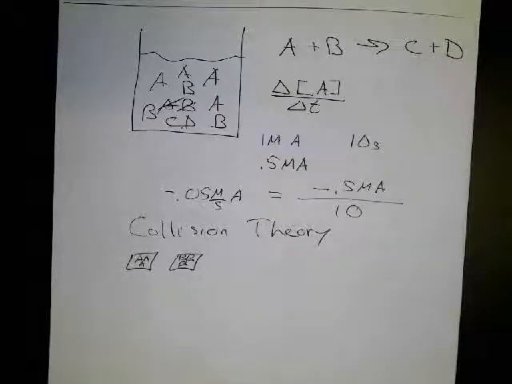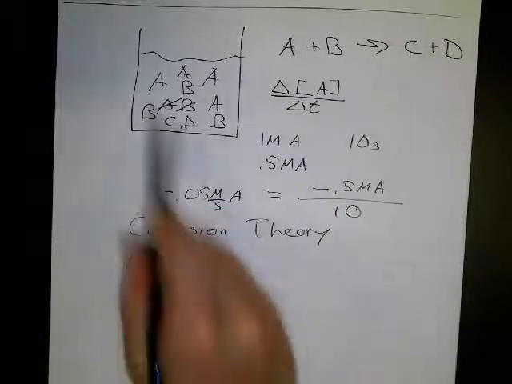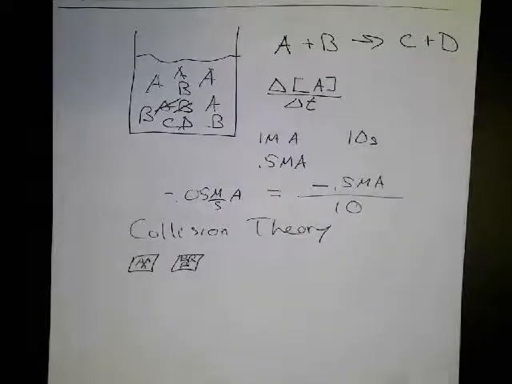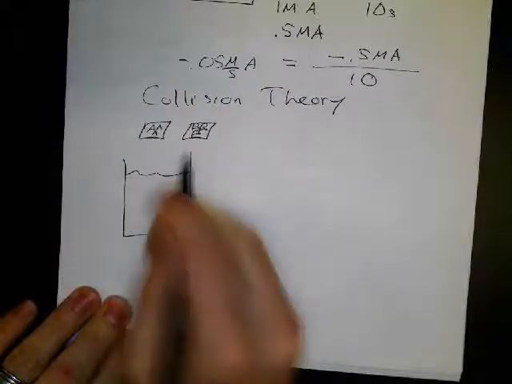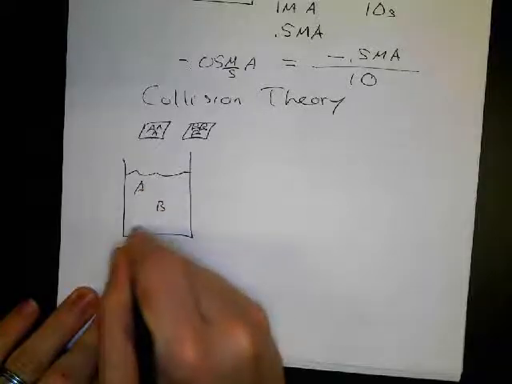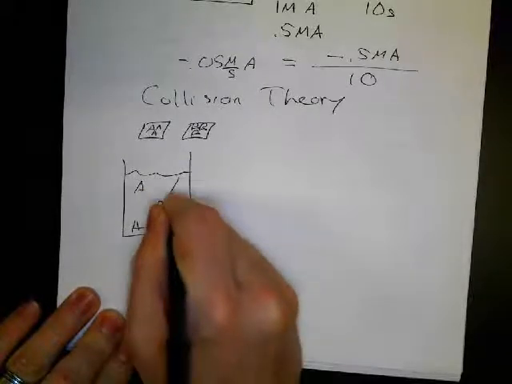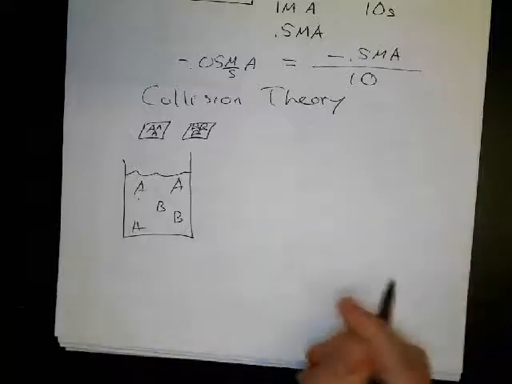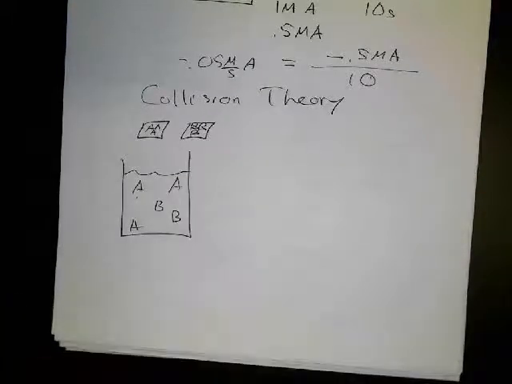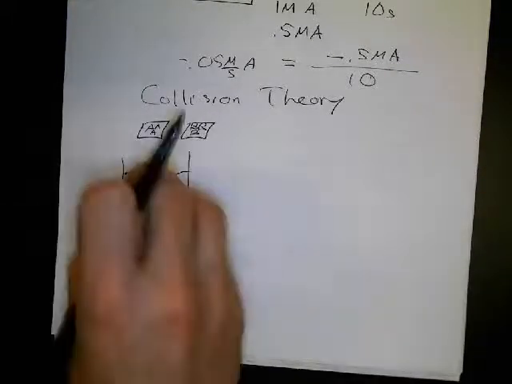Now, how can we adjust how fast they are reacting with each other? How can we influence the rate? Well, suppose I have this situation with A, B, something like this. Okay, these are my chemicals in a solution, and they're going to bounce around.